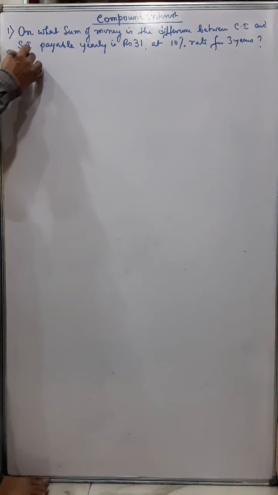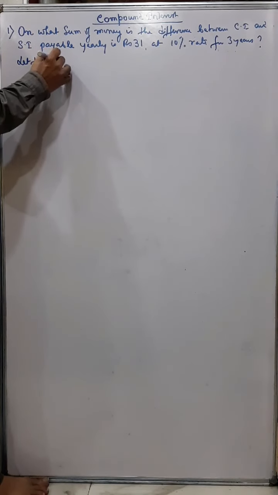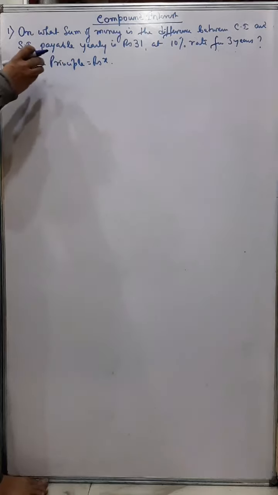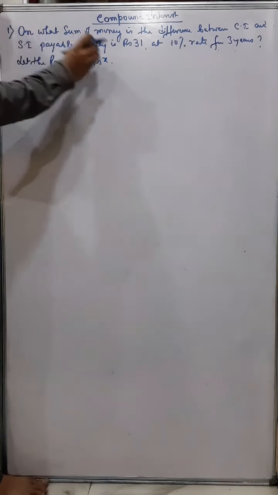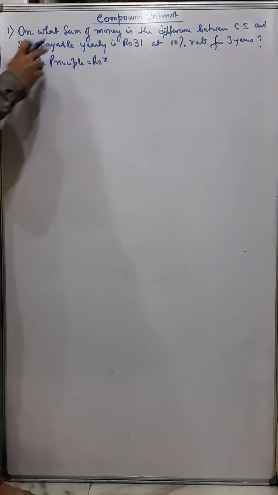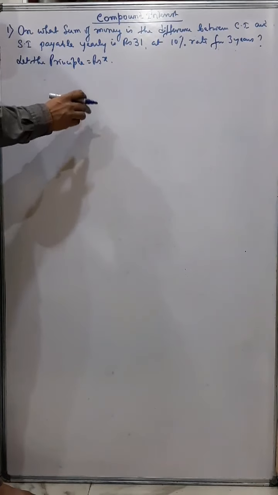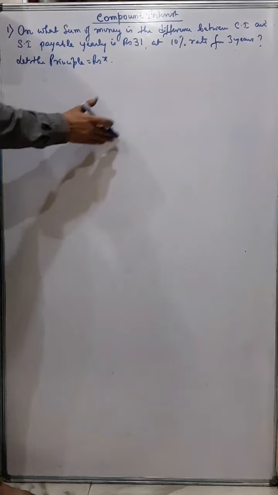Now we will start: let the original sum, let the principal be equal to rupees X. First we will calculate SI on this X, and we will calculate CI on this X, and then according to the given question, CI minus SI equals 31.